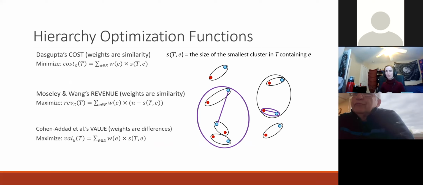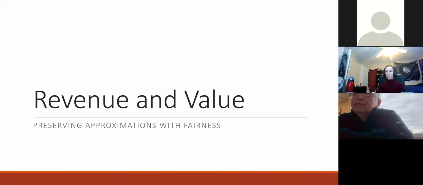So the system value is really just n times the total weight of all edges in the graph. It's an upper bound on the optimum value in the hierarchy. And when I say system revenue, it's going to look the same: the sum of all edge weights times n. So that's what I mean by system revenue or value.